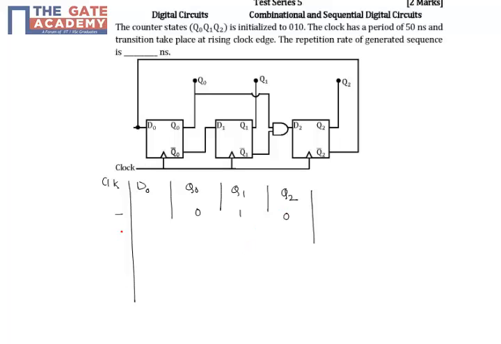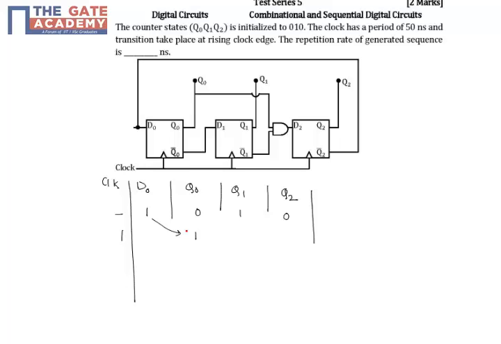So first clock pulse, when Q naught and Q1 are 0 and 0, what is the D naught? D naught is nothing but Q2 bar. So Q2 bar is 1. So when I give the first clock pulse, this one shifts to here. What about Q1?